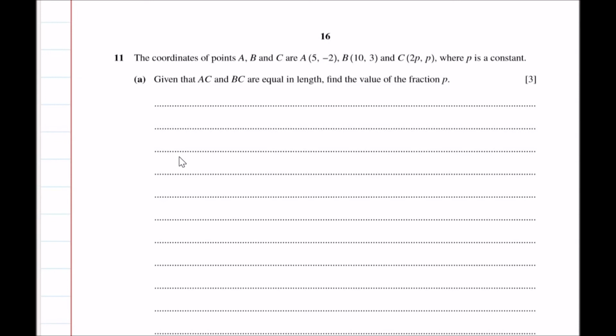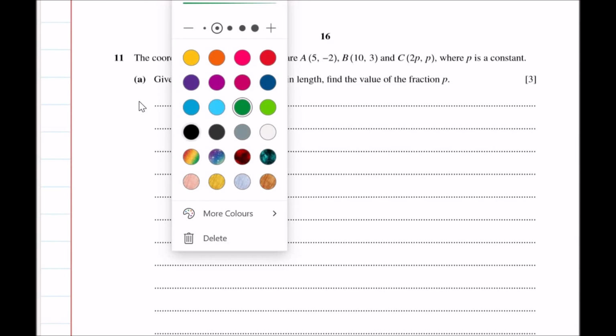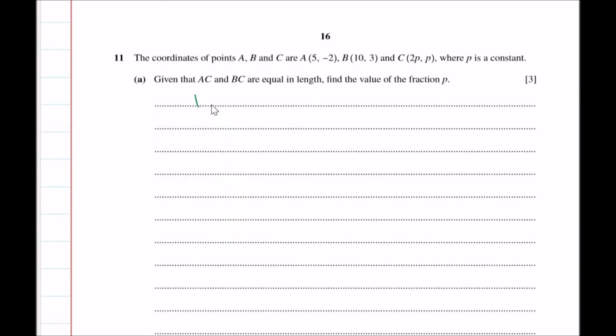Okay. Now AC and BC lengths are equal. That means mod of AC equal to mod of BC. We can write like this. Length of AC equal to length of BC. This is what we have in the question.